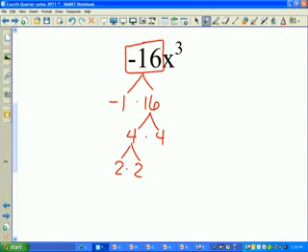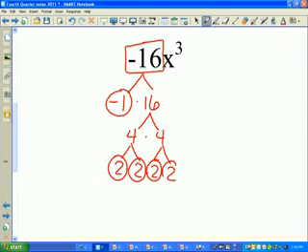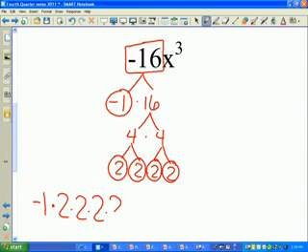And then these 4s I can factor, which is 2 times 2. And I have 2 times 2 on the other side. So numbers-wise, I have a negative 1 times 2 multiplied by itself 4 times.